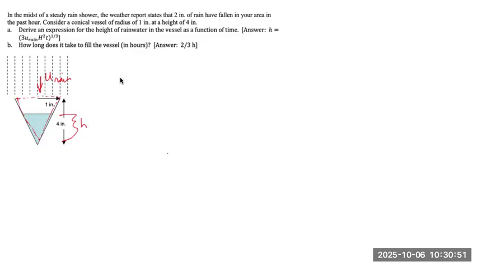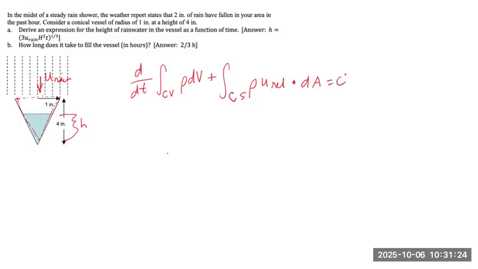The first thing is to always write the governing equations, which is the conservation of mass equation: d/dt of the integral over the control volume of rho dV plus the integral over the control surface of rho u relative dot dA is equal to 0.